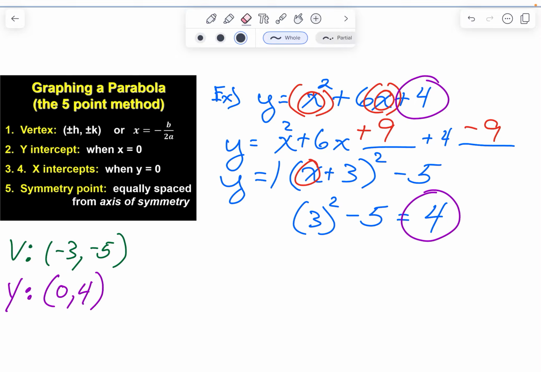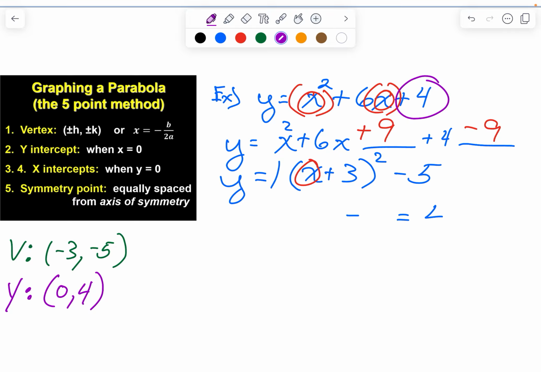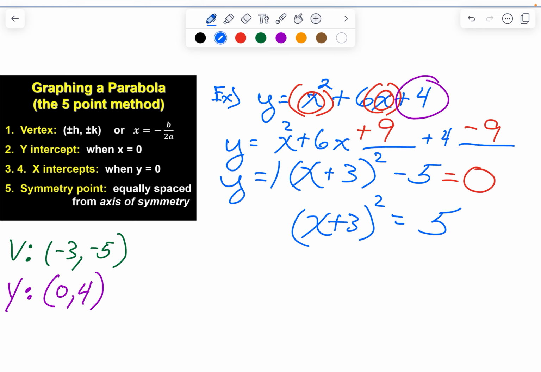How about the x-intercepts? Okay, now x-intercepts are when the equation is equal to 0. So I need to get rid of some of this extra writing here. When the equation is equal to 0, that feels a little bit like what we were messing with in the last chapter. Of course, this is an easy example of that. I'm going to solve this by adding 5 and taking the square root of both sides.